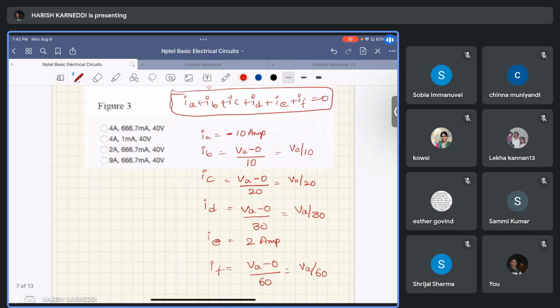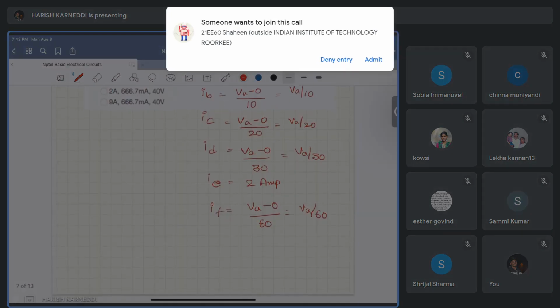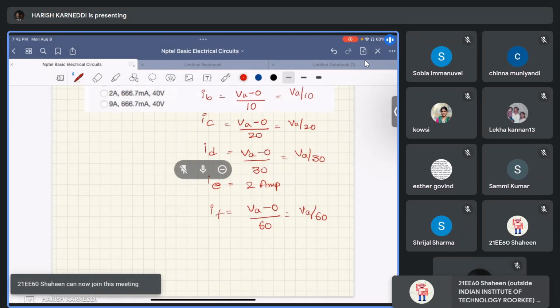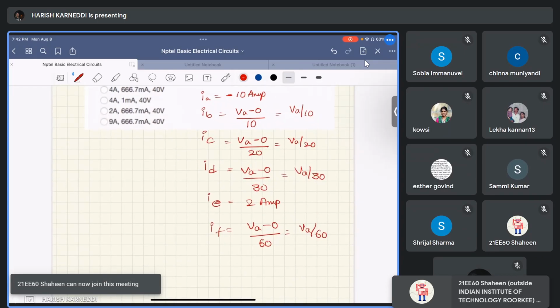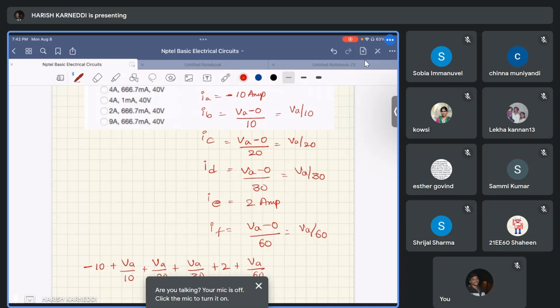So from the nodal equation, IA plus IB plus IC plus ID plus IE plus IF equal to 0, we can write: IA equal to minus 10 amps, I'm not writing units, so minus 10, plus VA by 10 plus VA by 20 plus VA by 30 plus 2 plus VA by 60 equal to 0, right?